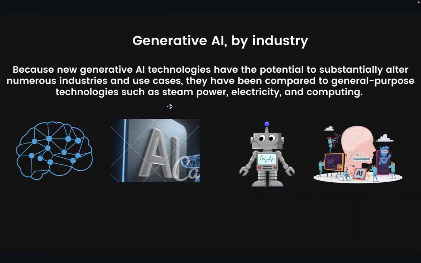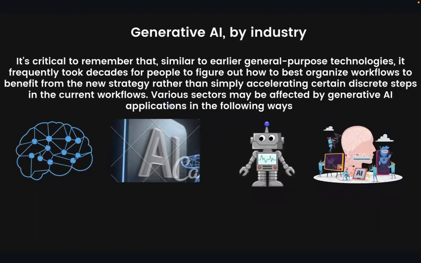Generative AI by industry. Because new generative AI technologies have the potential to substantially alter numerous industries and use cases, they have been compared to general purpose technologies such as steam power, electricity, and computing.